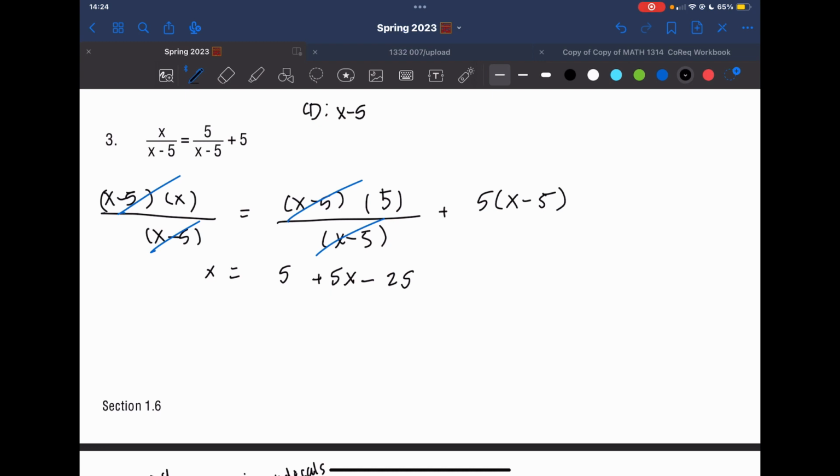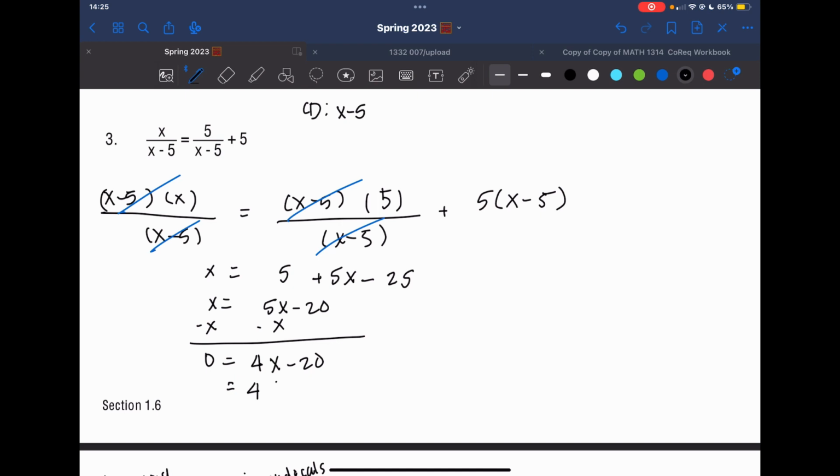And so we have x equals 5x minus 20 minus x minus x. 0 equals 4x minus 20. When we factor this, it's going to be 4 times x minus 5.